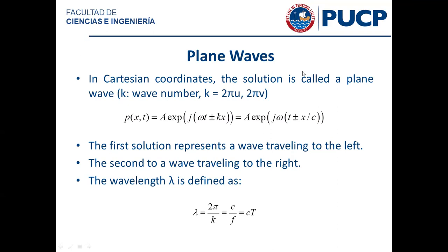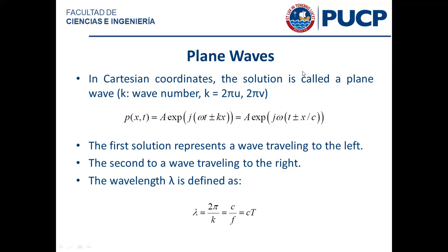And the solutions are the ones shown in this slide. Pressure as a function of x and t is equal to some amplitude, just a scalar number, multiplying the exponential of j omega t plus or minus kx.